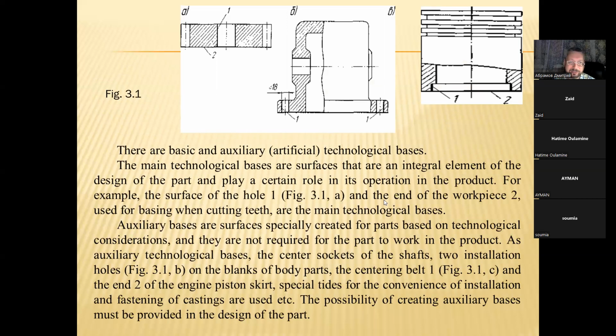There are basic and auxiliary technological bases.